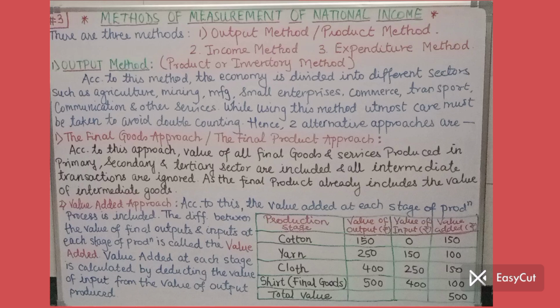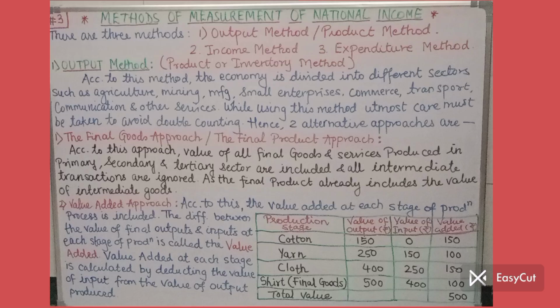Because see, final product doesn't get ready all of a sudden. It has to pass through different stages of production. So at each stage, we are considering the difference between the value of final output and input, and then we call it value added approach. We add the amount and that becomes our value added.